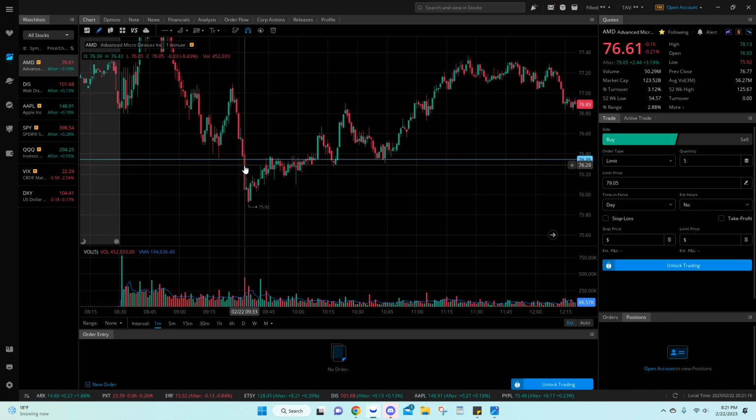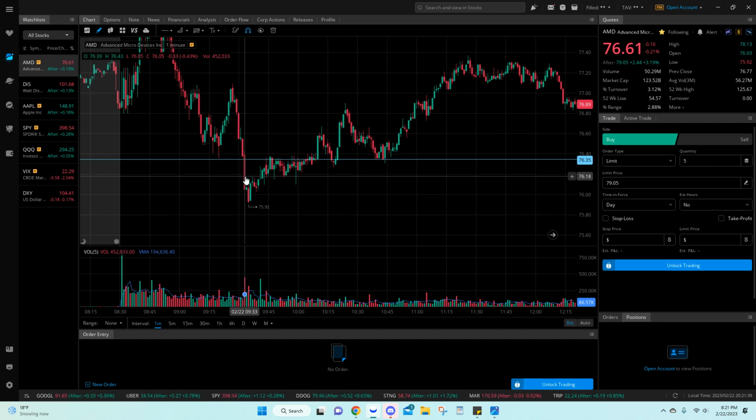And when we broke down below, depending on your broker, this is how Webull works for me. If I put in a limit order and the candle continues to go down and you'd get a better price, they will fill you at the better price. So I got in at 70, which I believe is probably right about there. We'll see here in a minute, but got in at 70.